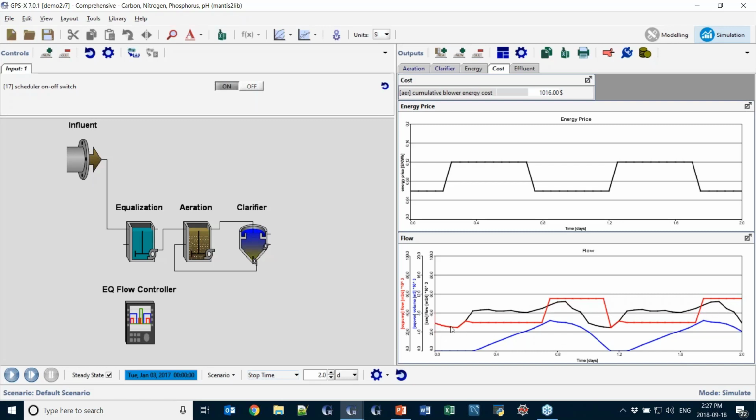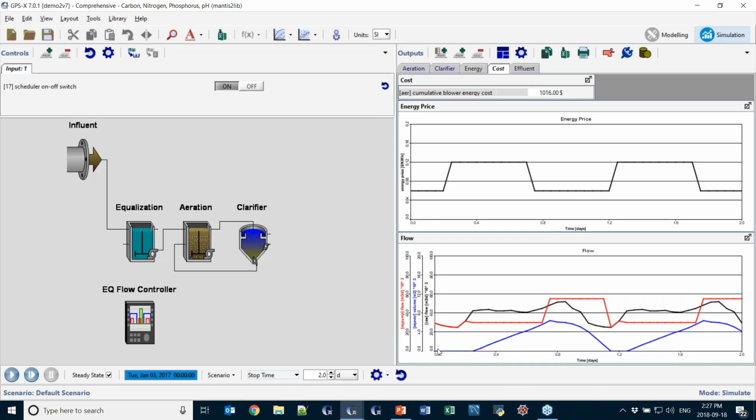And you can see here that the red line represents the flow that's coming out of the equalization basin, now that our controller has a handle on it and is controlling how much is going in and out. So right now, even though the flow into the plant is a higher value, we're actually not pumping all of it over to the aeration yet. We're actually holding back some of that volume in this tank. And you can see here, this blue line represents the volume of liquid that's being held back in that tank.